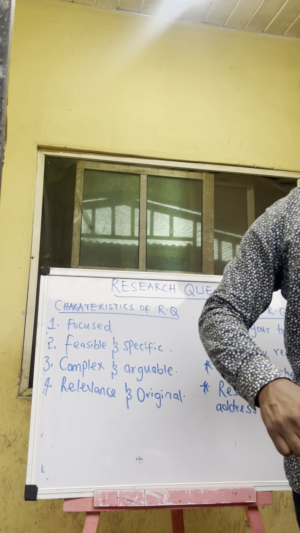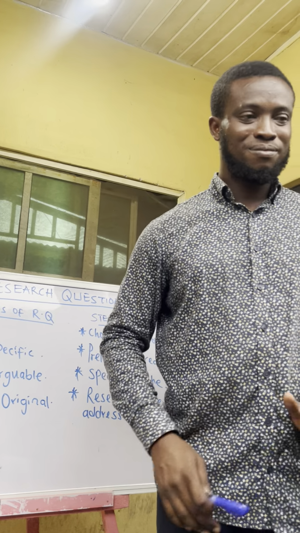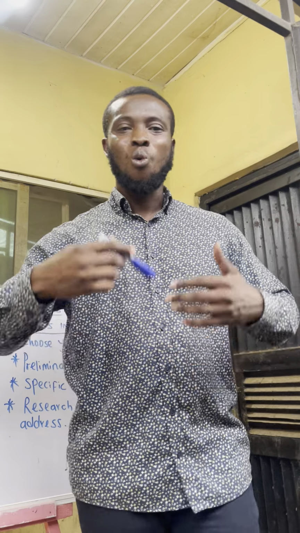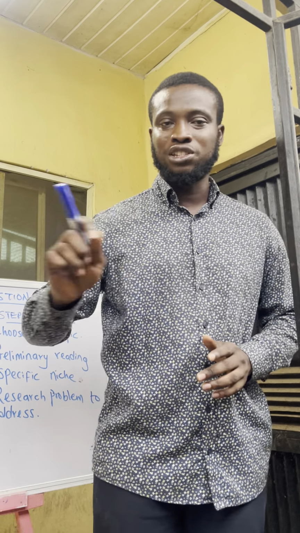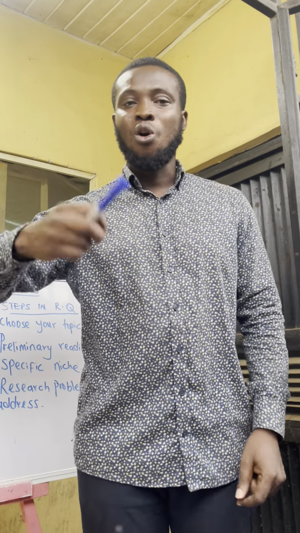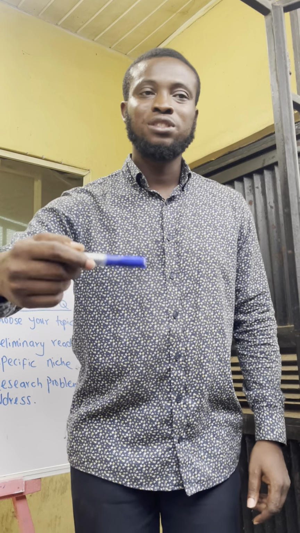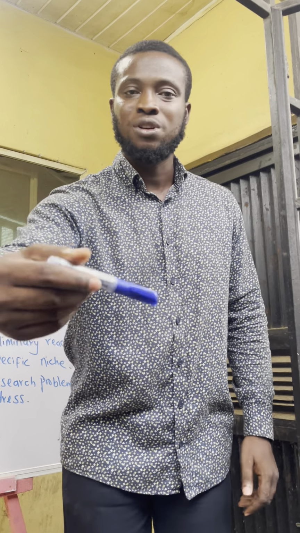Then relevance and originality. This says that any question you are raising should be relevant to your research aim. Don't raise a question that doesn't make sense. When they ask you, why are you raising this question? That's why in your background of study, as I said when I was teaching last week, all your variables, all the phenomena you want to discuss should be there.